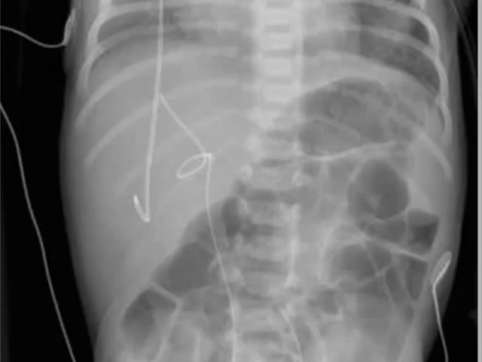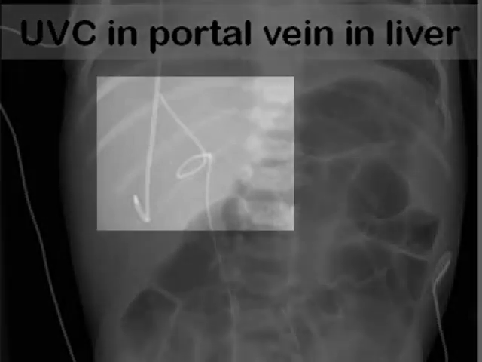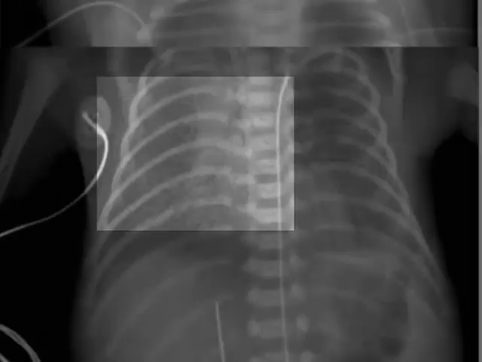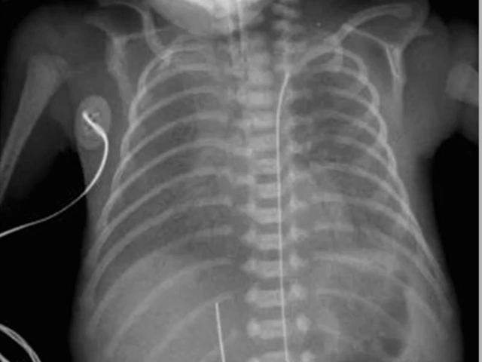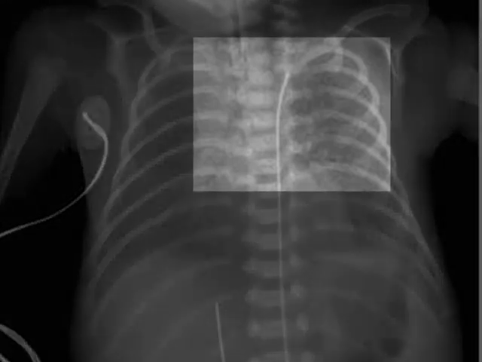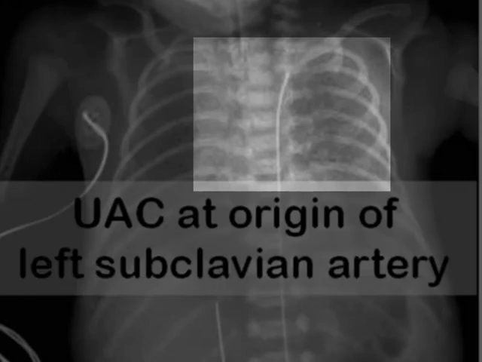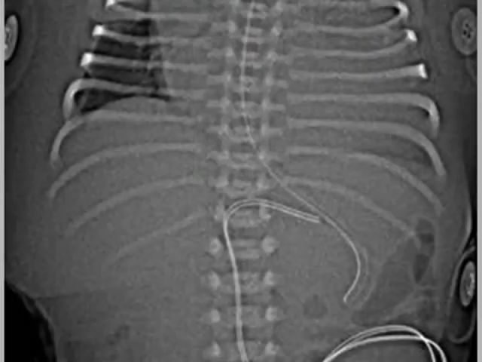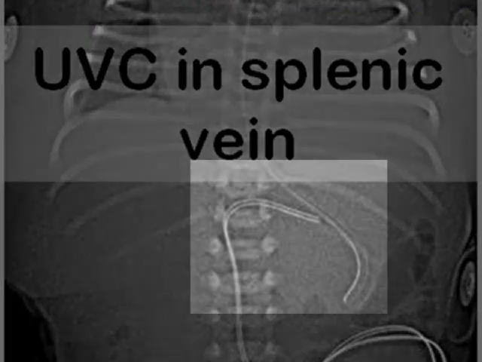Here's an example of an umbilical venous catheter, which extends and loops in a portal vein in the liver. This is an example of an umbilical arterial catheter which extends to the origin of the left subclavian artery. This is an example of an umbilical venous catheter which extends into the splenic vein.